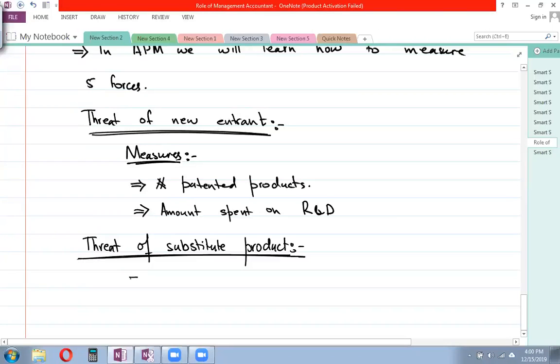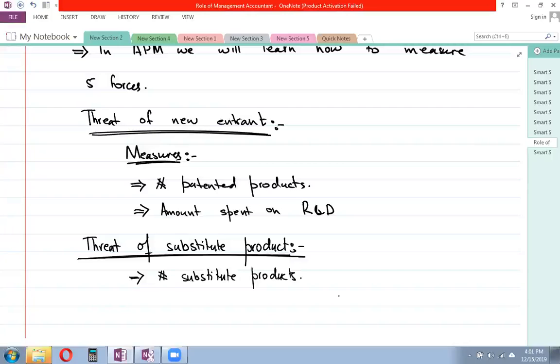Of course, if the number of substitute products is very high, right? If you have a lot of substitute products available in the market, that would mean the threat is actually high. If you change something, of course, the customer is going to switch to another, different kind of product, right?